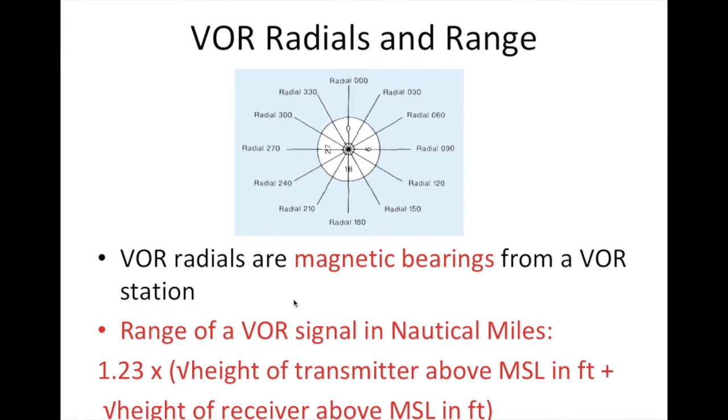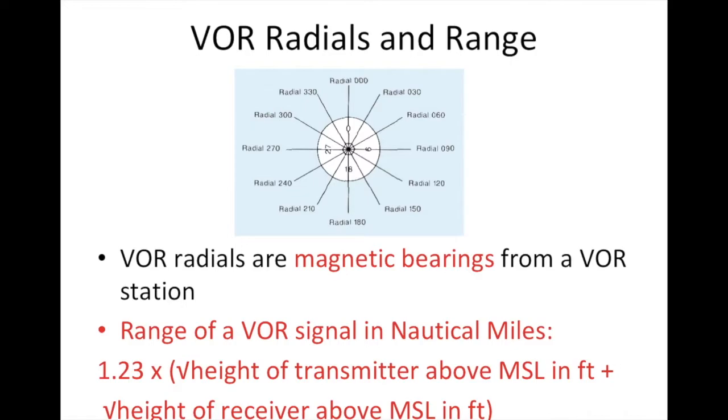One thing to make sure that you understand fully and thoroughly is that these radials are magnetic bearings. They are not true bearings. Say you have a Lambert chart, or any type of map, drawn with true directions, and you see a VOR on it, and you draw a track on the map and try to measure the direction of the track based on the true direction from the map itself.